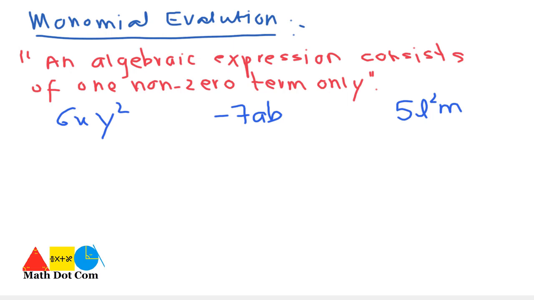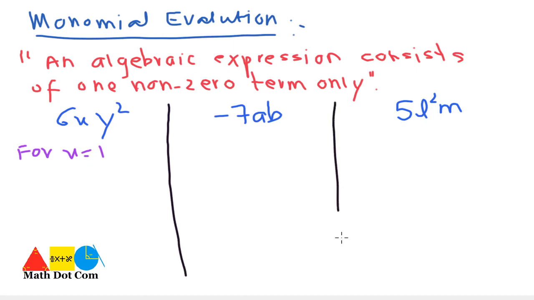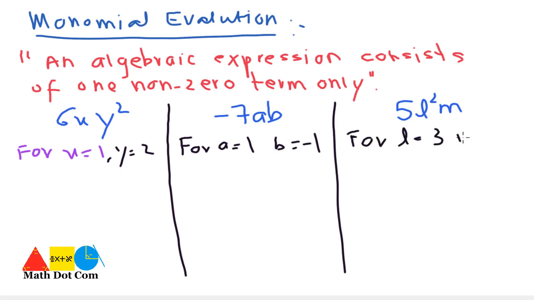Okay, now we will evaluate these for x is equal to 1 and y is equal to 2. Here for a is equal to 1 and b is equal to minus 1. And here for l is equal to 3 and m is equal to 4. Now let's see how we can evaluate it.